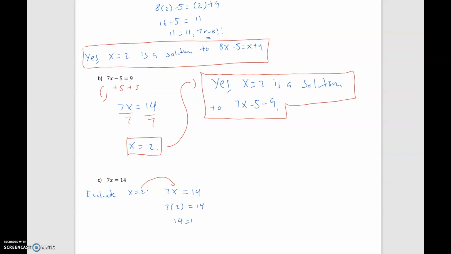Or 14 is equal to 14, which is technically true. And then we would also say that, yes, x is equal to 2 is a solution to 7x is equal to 14.